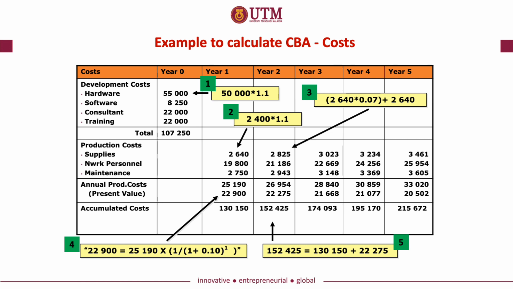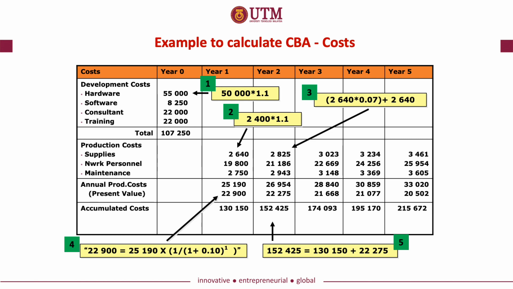Second, the production costs for the 5 year duration of operation of the installed system are presented in the year 1 until year 5 columns. Supplies, network personnel, and maintenance are all production costs. The estimated cost for each criterion should then be multiplied with the sensitivity factor rate 1.1. For example, in year 1, the asset value for supplies is 2,640, after 2,400 is multiplied with the cost sensitivity factor rate 1.1.